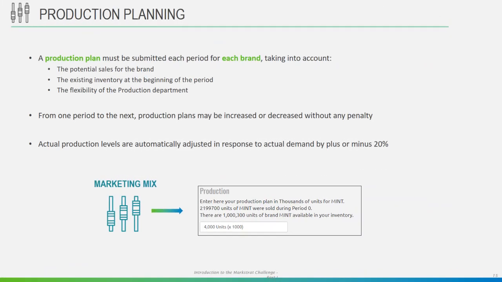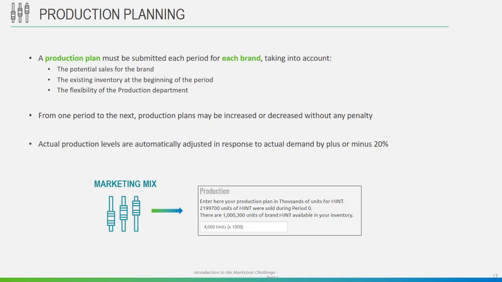All right, production planning. We just mentioned this briefly. This is a very tricky part of marketing, as you're trying to predict how many units are going to be sold in the next period. So there's a little bit of a crystal ball kind of vibe to this.